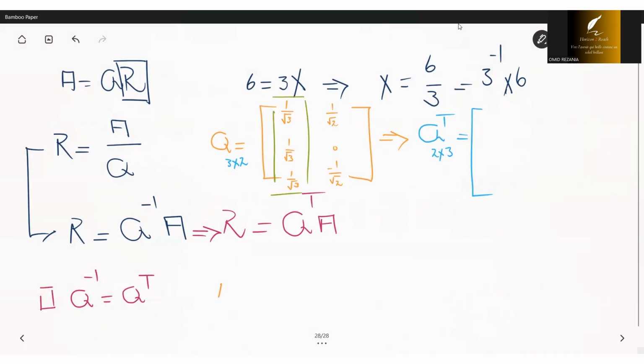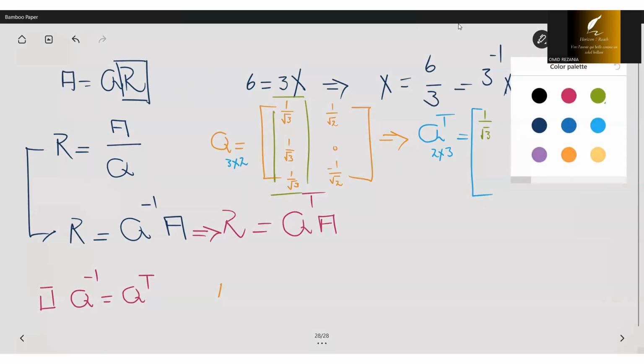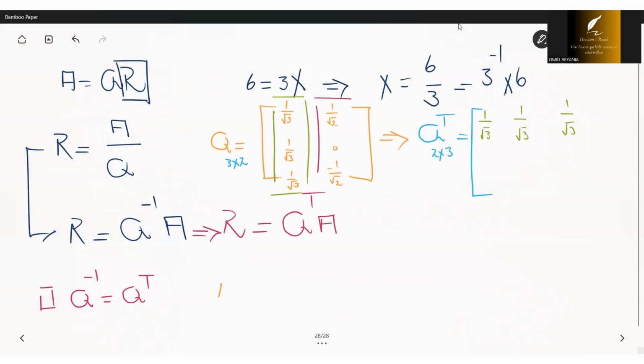You put it as a row: 1 over square root of 3, 1 over square root of 3, 1 over square root of 3. What is the second column now? The second column becomes the second row: 1 over square root of 2, 0, minus 1 over square root of 2, which now becomes a 2 by 3 matrix. Sounds good so far?